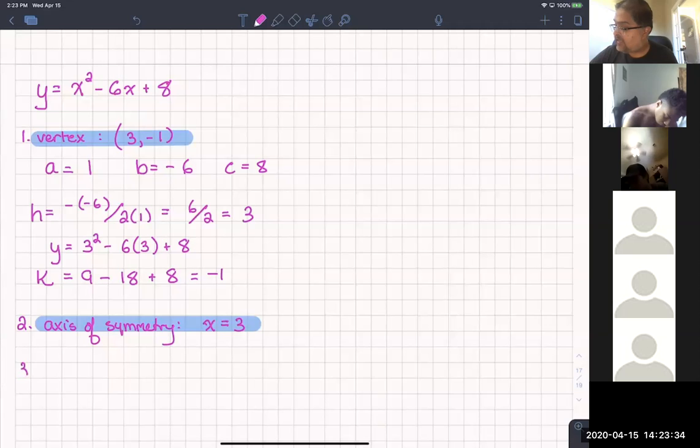Okay, next thing, y-intercept, where it crosses the y-axis, is basically 0, comma, the constant term. So the constant term in this equation is 8. So the y-intercept is 0, 8.